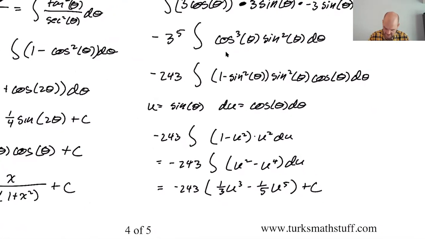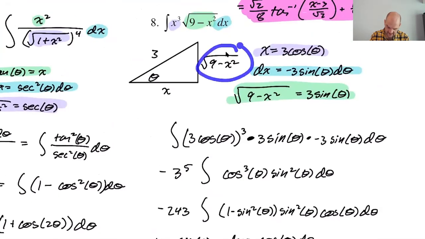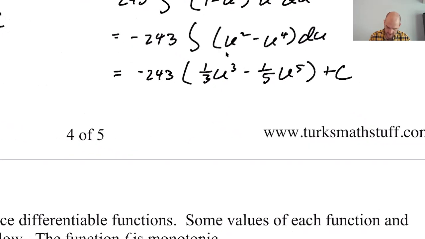Okay, so this answers in terms of u is equal to sine of theta, but sine of theta is this over this. So radical 9 minus x squared over 3. Wow. Okay. So negative 243. I'm going to write a lazy version of the answer.